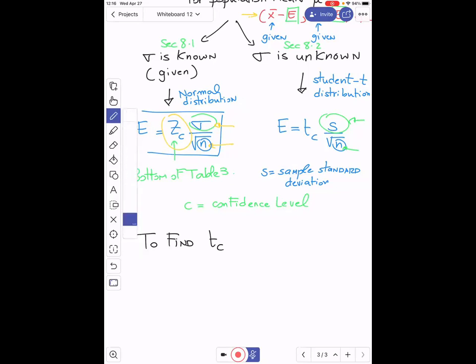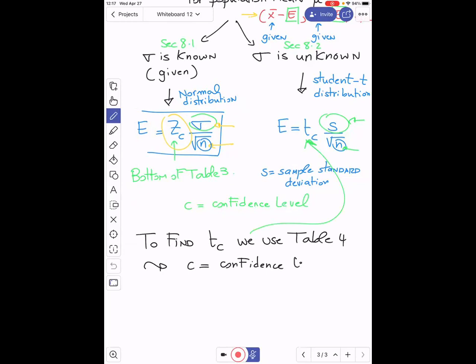So to use this table 4, you again need the confidence level C. And not just the confidence level, you need what we call the degree of freedom, which is just n-1. Just a fancy word for n-1.